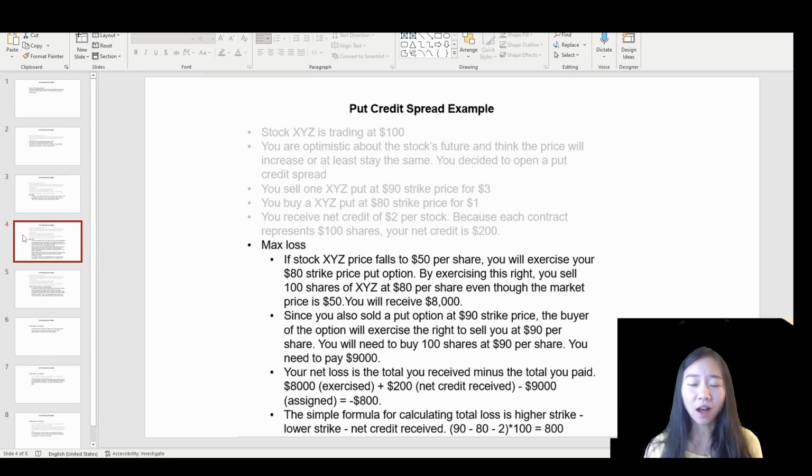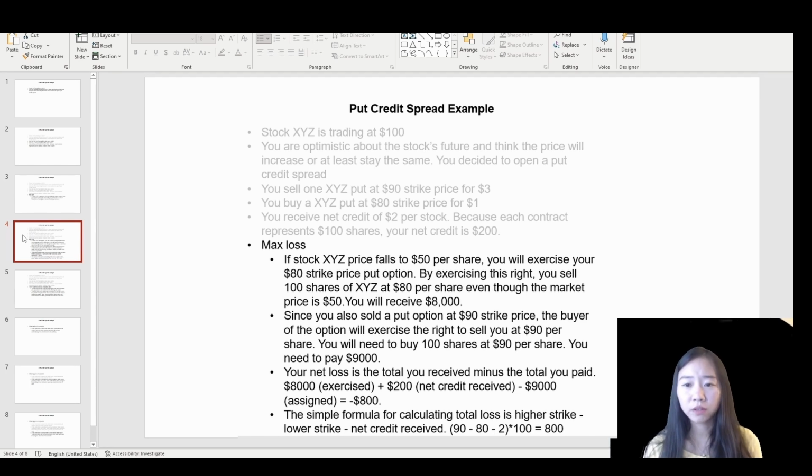Your net loss is the total you received minus the total you paid. So you received $8,000 by exercising your long put option, and you also received the $200, that's your net credit. And you paid $9,000 because your short put option got assigned. So your net loss in this case is $800.